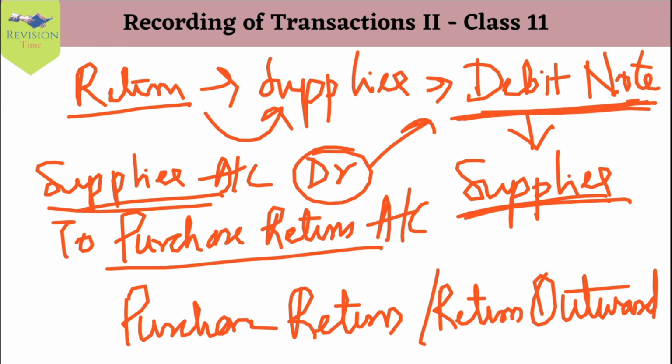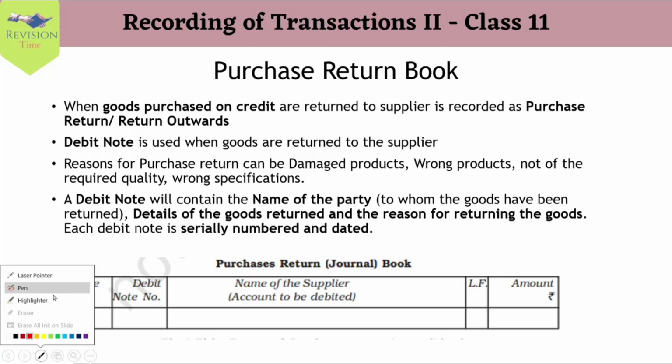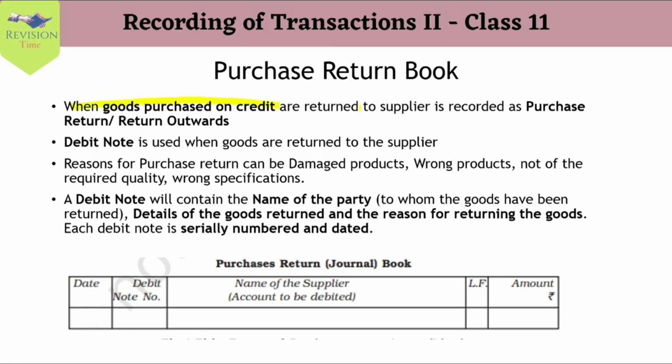Now let us read out the meaning and look at the format of the debit note and purchase return book. Purchase return book: when goods purchased on credit are returned to the supplier, it is recorded in our purchase return or return outwards book.